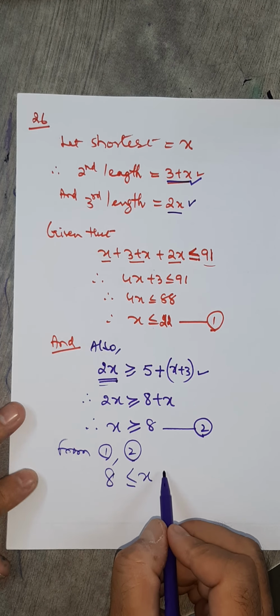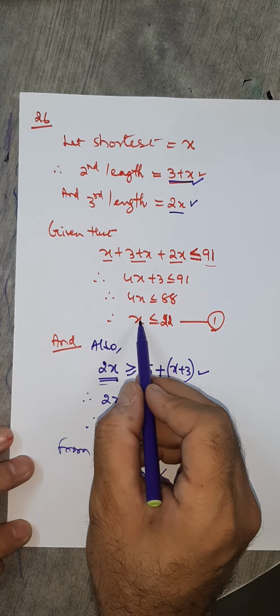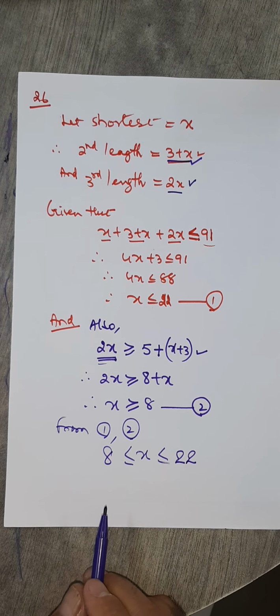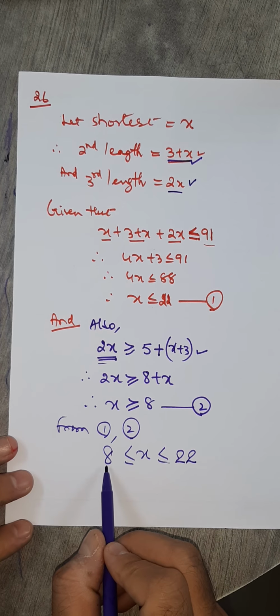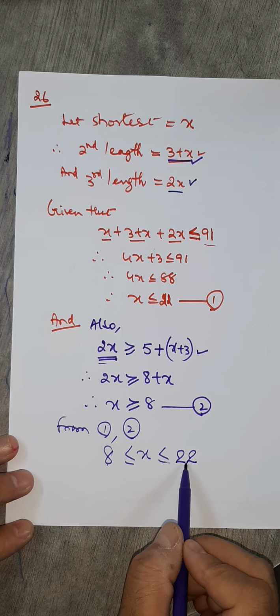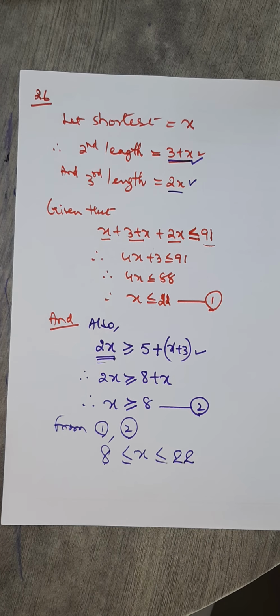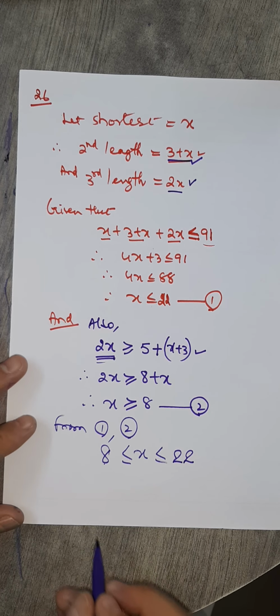Here you are saying x is less than or equal to 22. Less than or equal to 22, greater than or equal to 8. That means the shortest piece should be from 8 centimeters to 22 centimeters. Remember, the length should be from what? 8 to 22. So greater than or equal to 8 but less than or equal to 22.